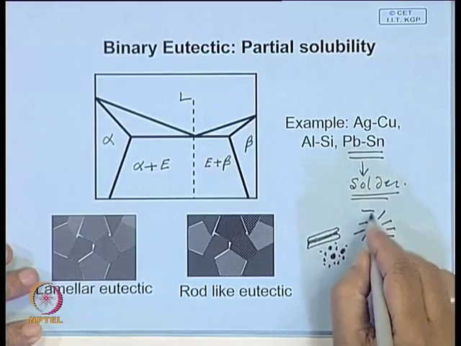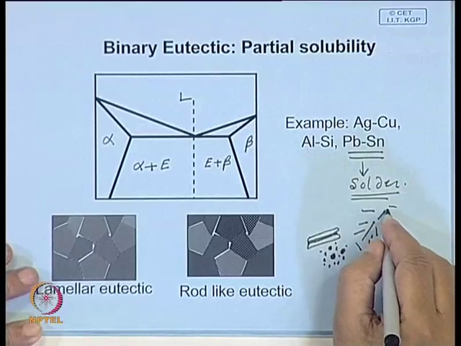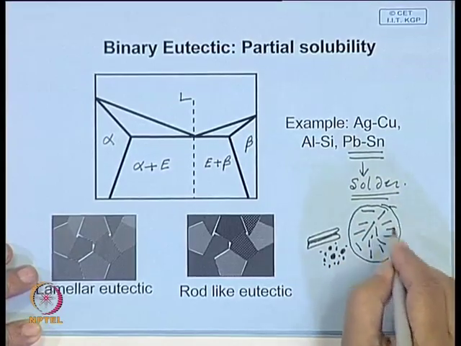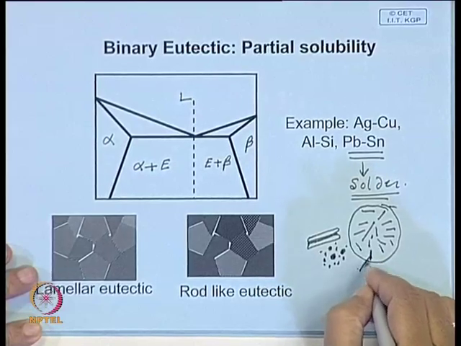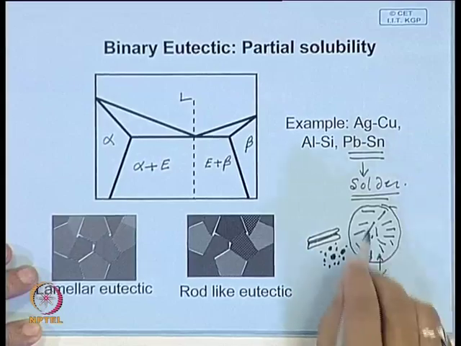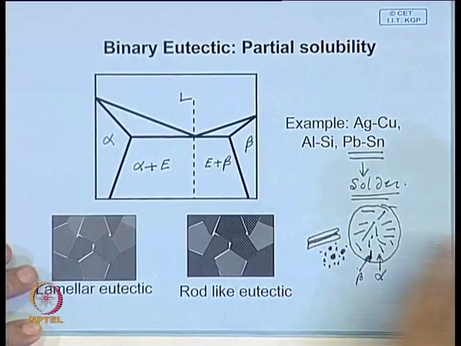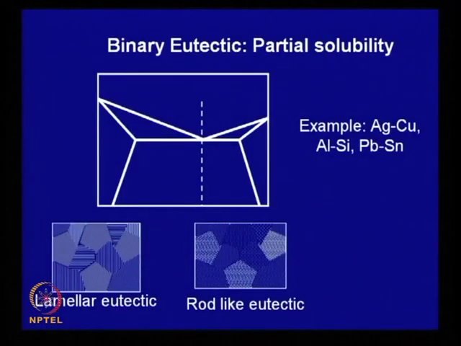But what it means is that the eutectic will be an intimate mixture of two phases, say this is beta, this is alpha, and this pattern can be regular or irregular, depending on certain physical characteristics of the two metals A and B.